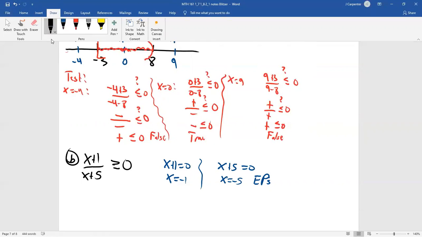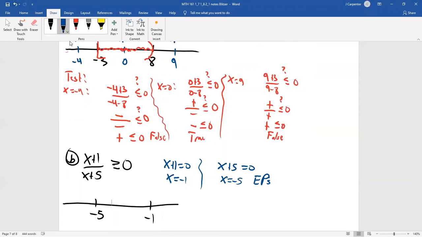So make our number line. Put the endpoints up there in appropriate order. If I do this, that would be wrong. -1 is not to the left of -5. We put -5 on the left, -1 on the right. That's an easy mistake to make, so just be careful. Then come up with test points.